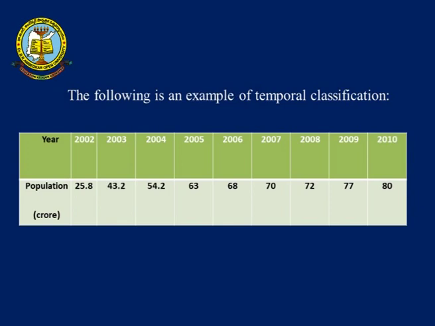So, if the classification is given like this, now you can check the trend also, it is increasing only. In 2002 your classified data is almost 25 crores, now in 2010 it is 80 crores. Arrange the data in chronological order, that is chronological classification. Based on the time we can arrange the data, that is known as a temporal classification. Okay. So, this is one of the examples.